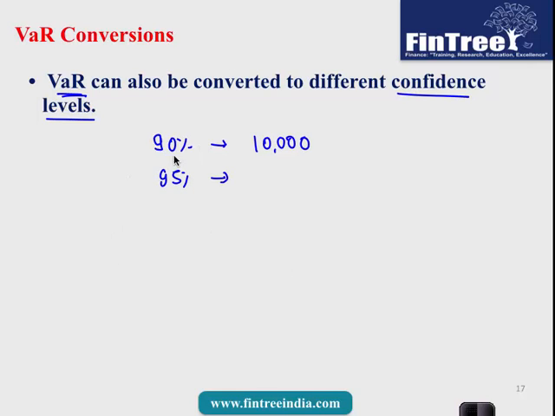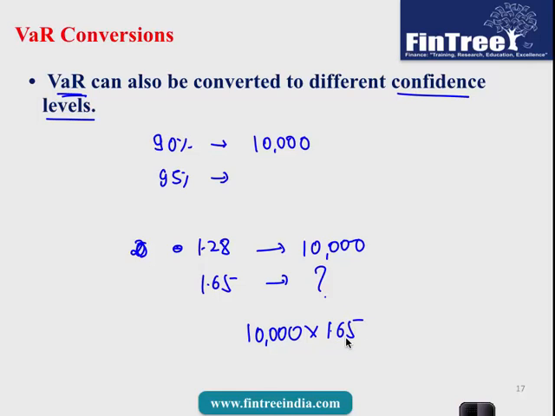What is the Z value for 90%? It was 1.28. So you would say for a Z value of 1.28, your VaR is 10,000. How much would be your VaR for a Z value of 1.65? So 10,000 into 1.65 divided by 1.28, and that will get you the answer.